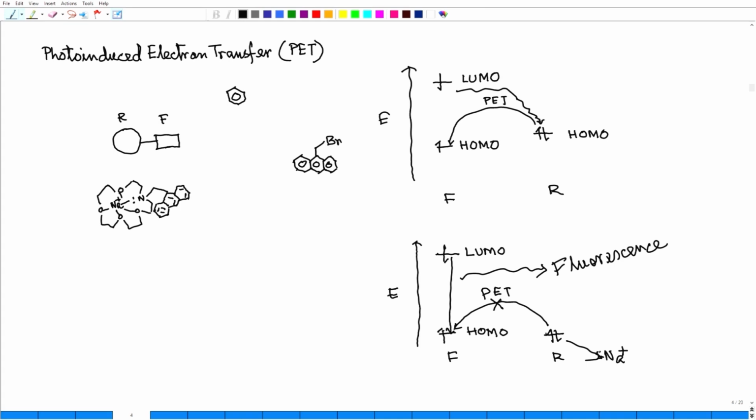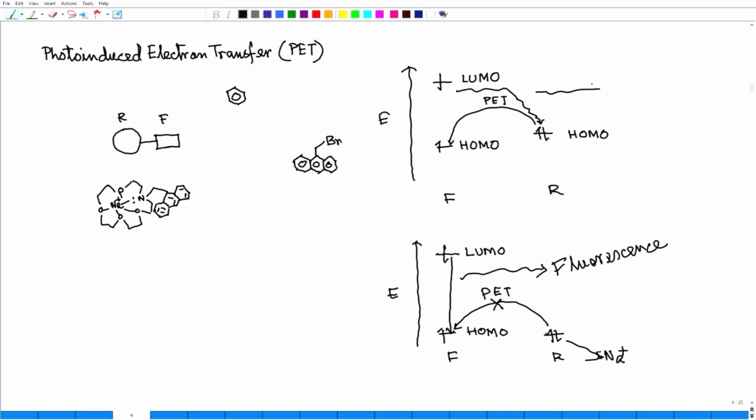So, basically, what is happening? In a receptor-spacer-fluorophore system, when my receptor is empty and I excite the fluorophore, I do not see any fluorescence, because PET is operational.